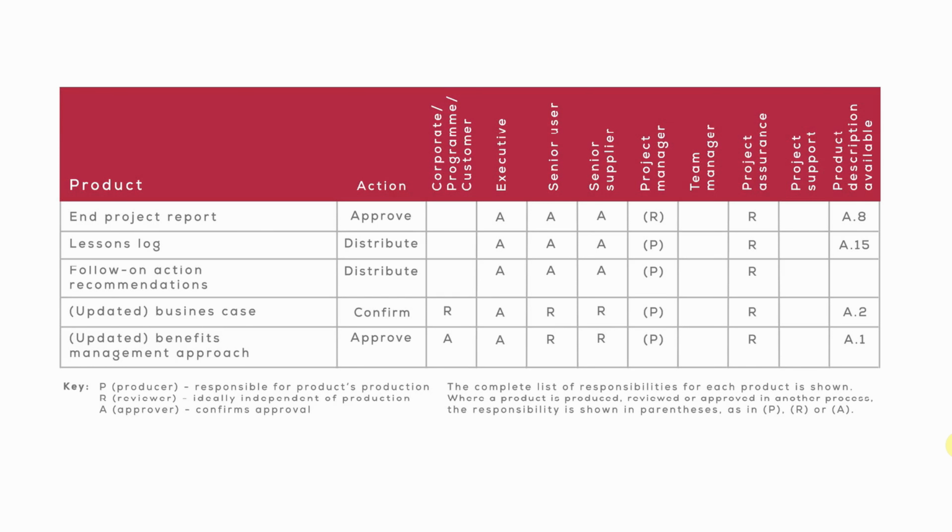And the person who is likely to be taking ownership of the benefits management approach is likely to be the same person who was acting as the senior user, because remember, the senior user specified the benefits that the business case was based on and is now going to be held to account for realizing the benefits post-project.